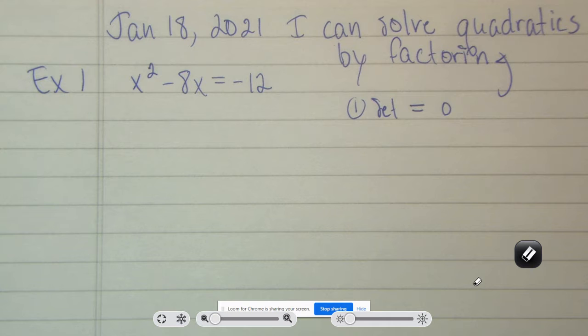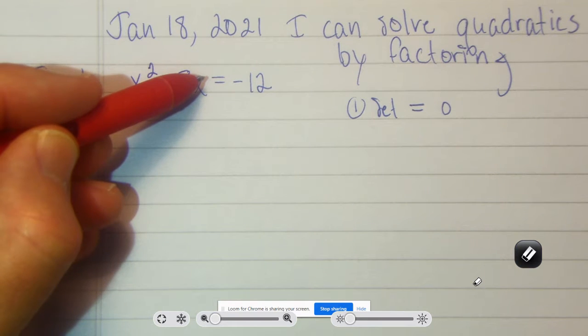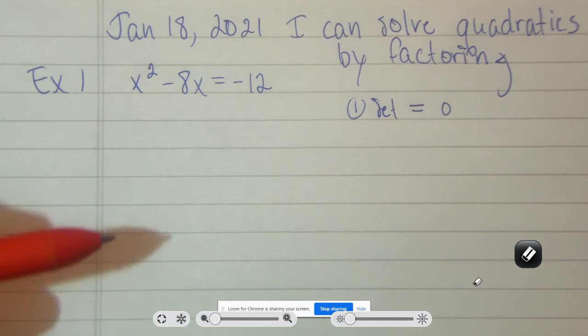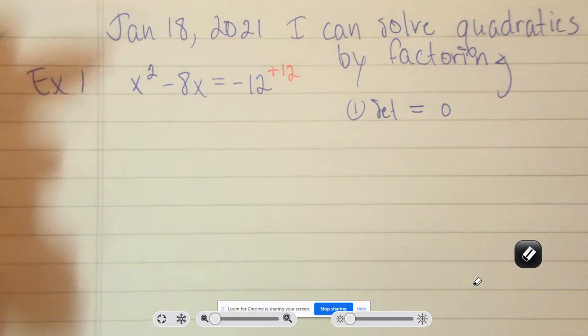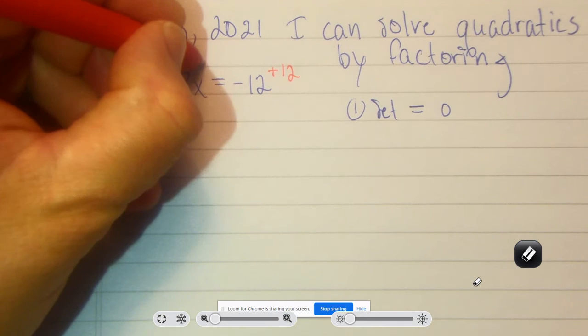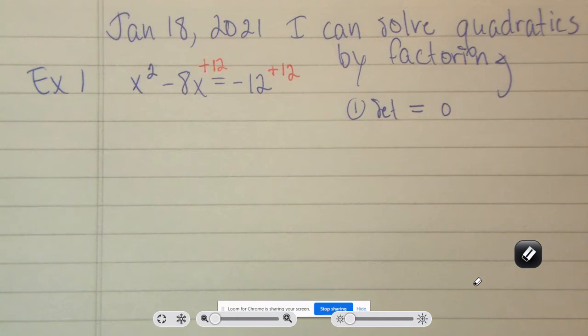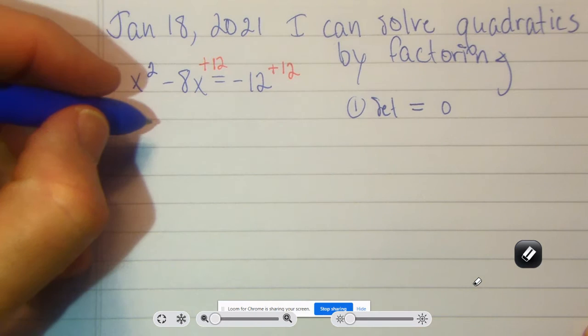Well, that isn't really a complicated process. We know how to do that. I want to move this negative 12 to the other side of the equal sign so that it'll be equal to 0, and I'll do that by adding 12 to both sides.